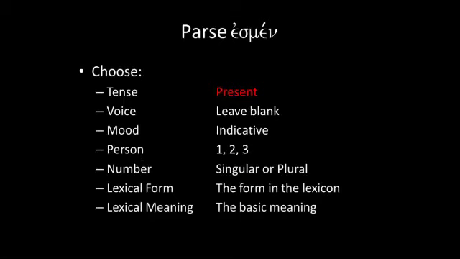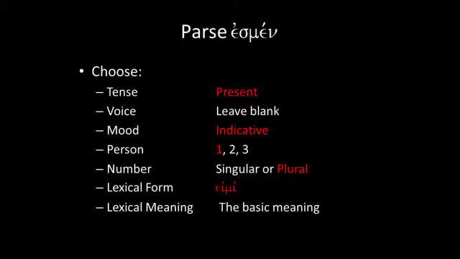Then the mood, well, we're doing indicative. Then, is it first, second, or third? So we had eimi, eis, esti, esmen, este, eisi. So esmen is that first plural form. So we'll say it's first person, and then it's plural. And now what is the form in the lexicon? It's eimi. And what does it mean? Means I am. That's the lexical meaning.